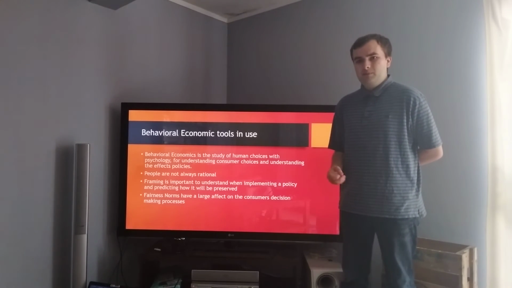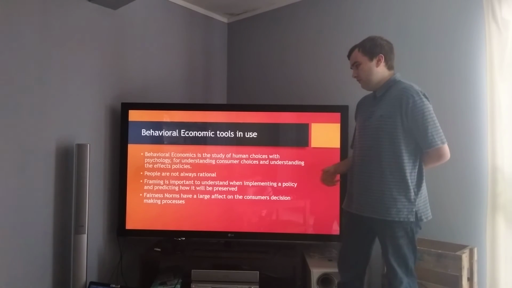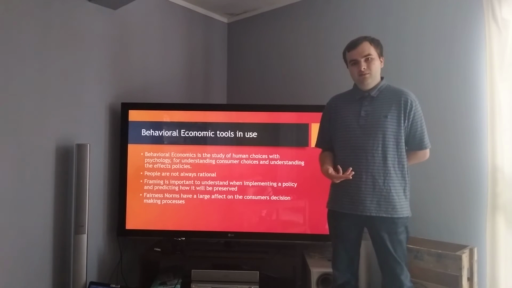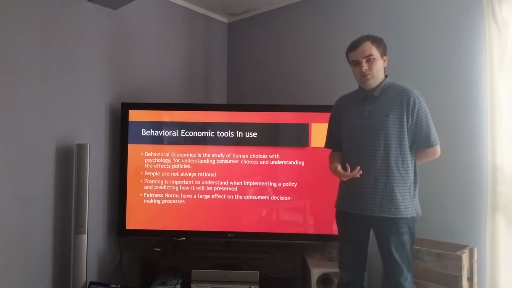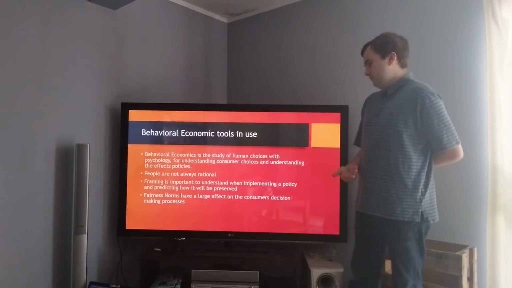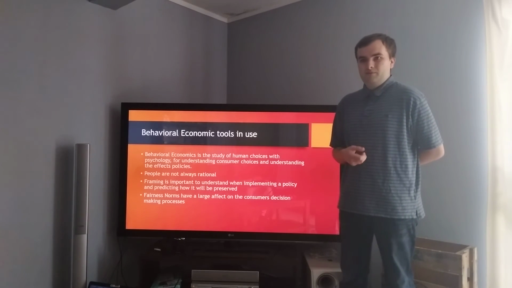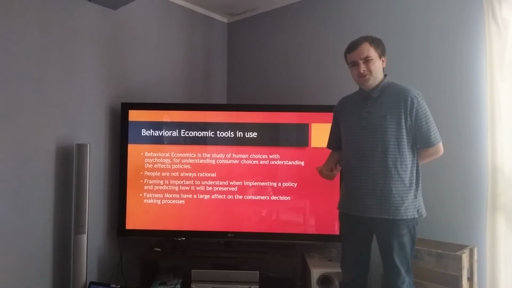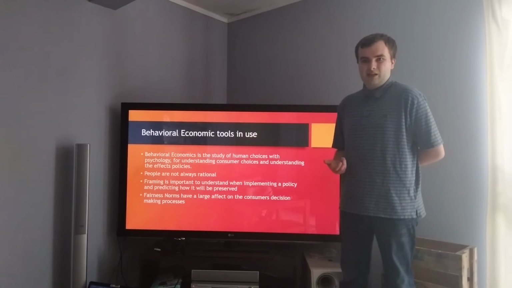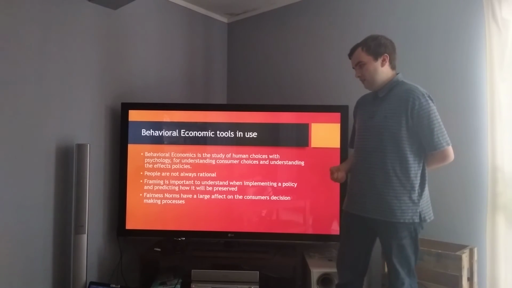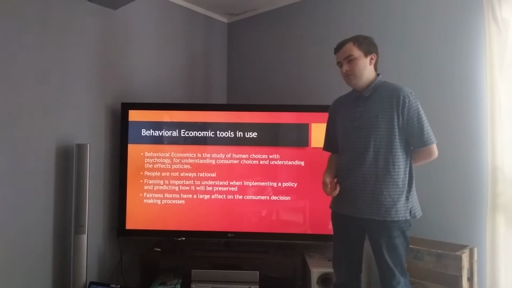In real life, people are a lot more susceptible to things like framing, which is how the options are presented and given to consumers, and fairness norms, which is how people use their views on fairness and justice to affect how they observe or feel about a policy, which can affect their decision-making process.